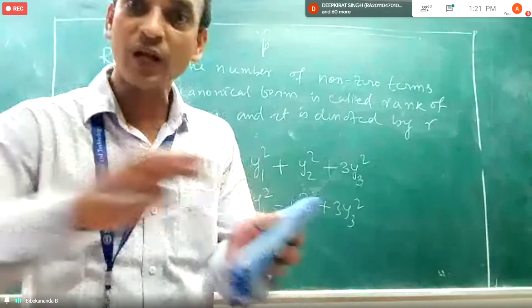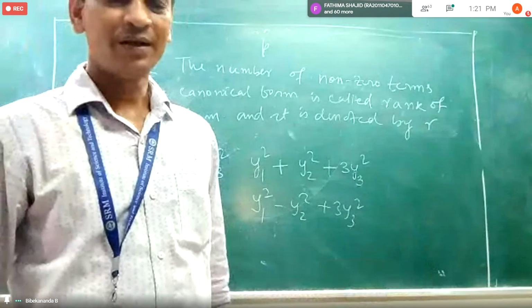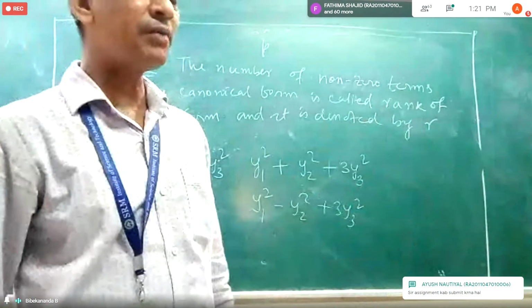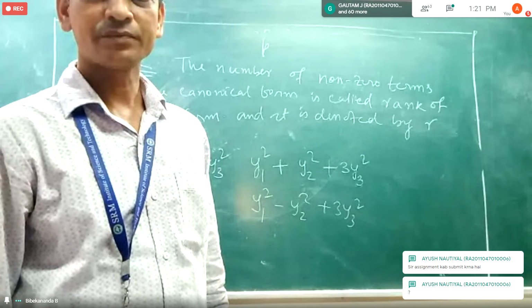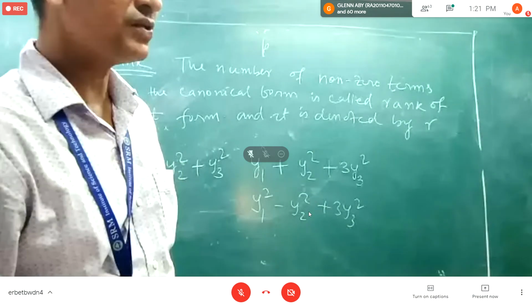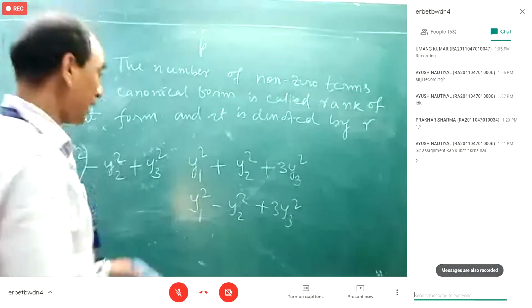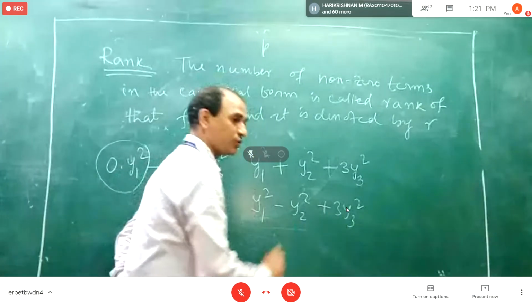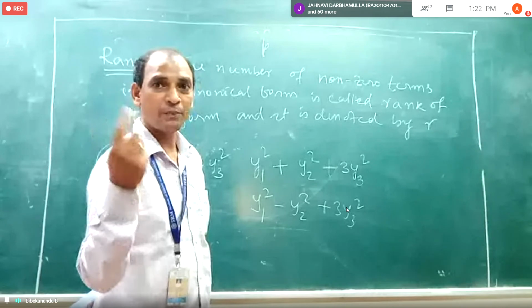Rank is the total number and index is only the positive number. So the number of negative terms is rank minus index. You see, there are total 3 terms. Among them, how many are positive, how many are negative?